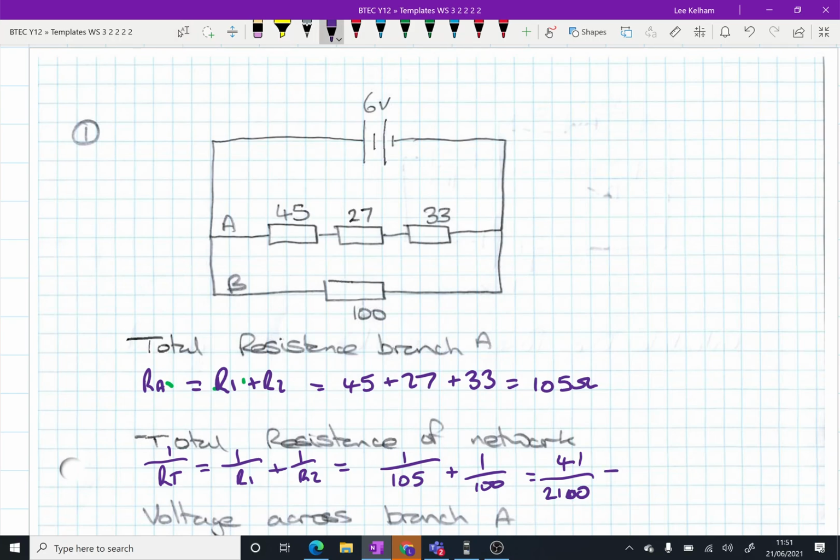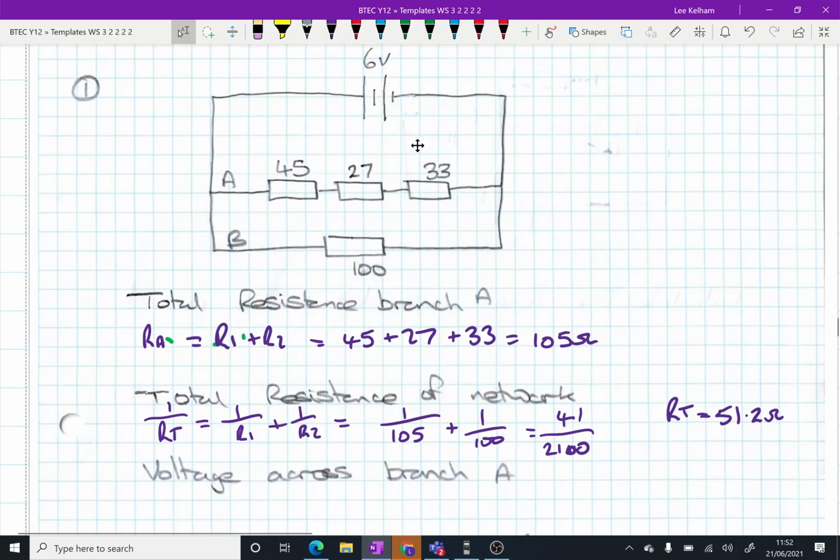That gives us 51.2 ohms. I beg your pardon, that doesn't equal that, does it? So that's our 1 over total resistance, so RT is equal to 51.2 ohms because I've taken 1 over this.